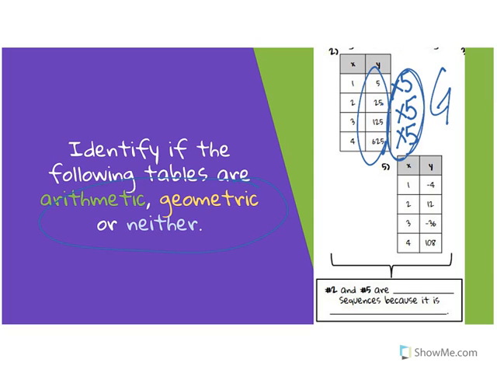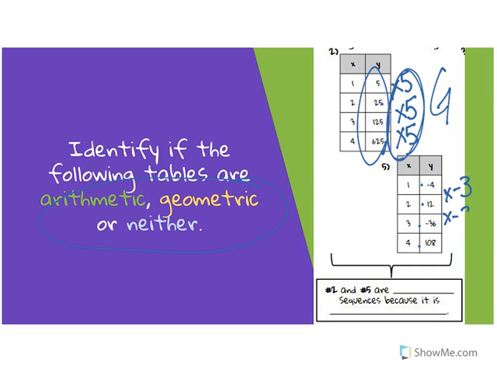So this next one is a little bit trickier because we go from negative to positive to negative to positive. If you go back and forth, it's going to be multiplying or dividing, because what you're really doing is multiplying by a negative number. -4 times -3 gives you positive 12.